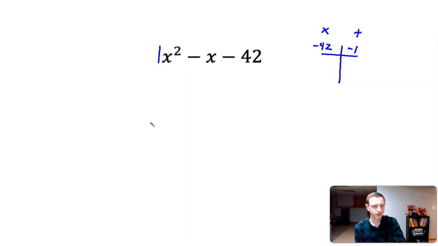42 is one of those numbers, like 24, where there's a lot of combinations of numbers that multiply. So that's something that takes a lot of practice of just knowing, all right, 42 is this, this, and this, and then I want to add up to a negative 1, so which combinations of numbers work?